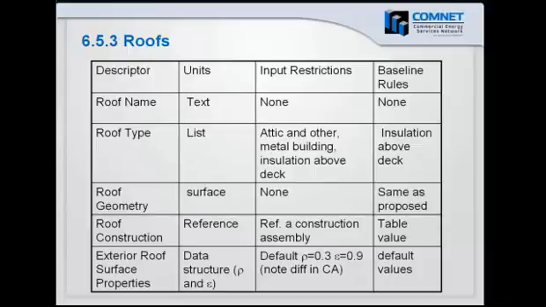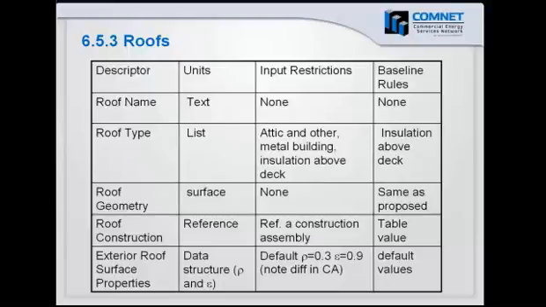Roof geometry is a surface, and it's a data structure, and we've left the details of how you actually specify that geometry pretty open or flexible, so that they can define, say, a surface tilt or azimuth, and then define coordinates to define that surface. Roof construction.